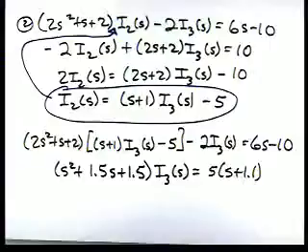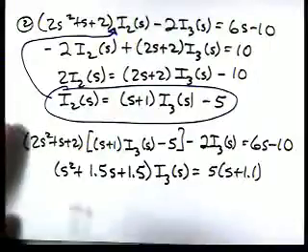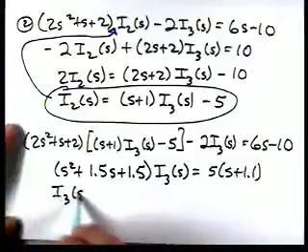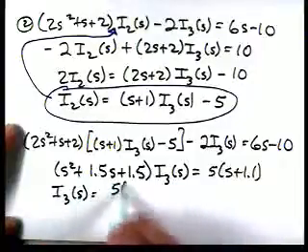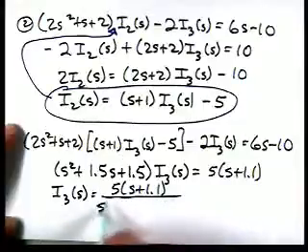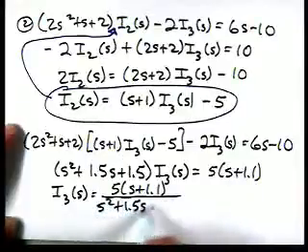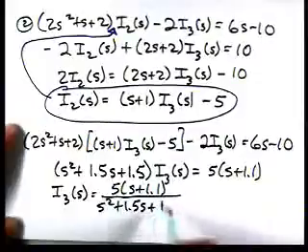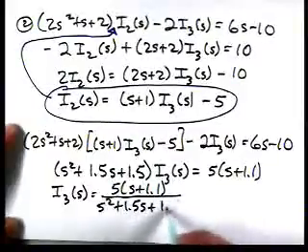Then we can solve for I3. I3 is 5 times (s plus 1.1) over (s squared plus 1.5s plus 1.5).